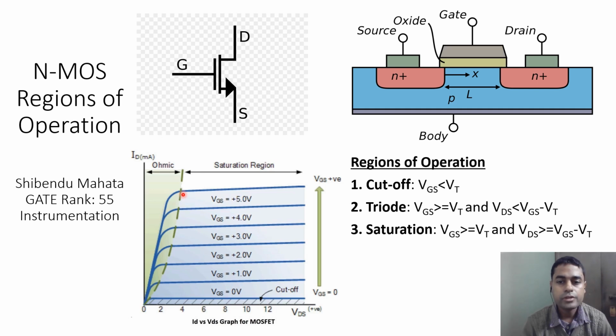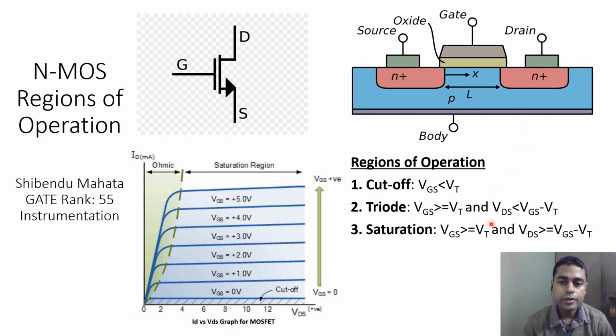So in the triode region, the condition is that first of all you have to establish the conduction of the channel. So that means we can now allow current flow to take place through the transistor, which implies that from drain to source current flow will take place because the electron movement will take place from the source to the drain terminal.